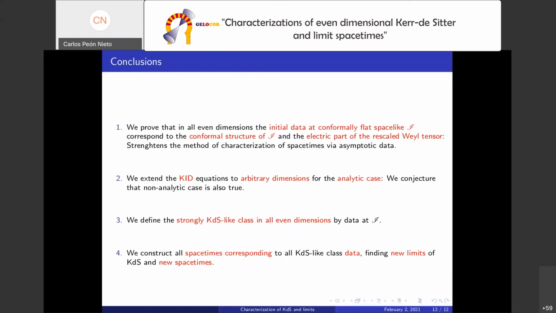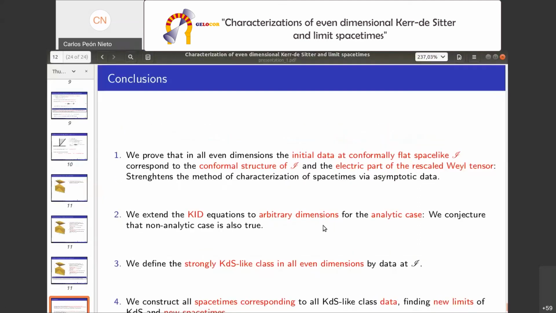And we have defined the strongly Kerr-de Sitter-like class in all even dimensions by data at scri. And we were able to construct all these spacetimes that realize the Kerr-de Sitter-like class data, finding new limits and new spacetimes. So I think I will stop here.